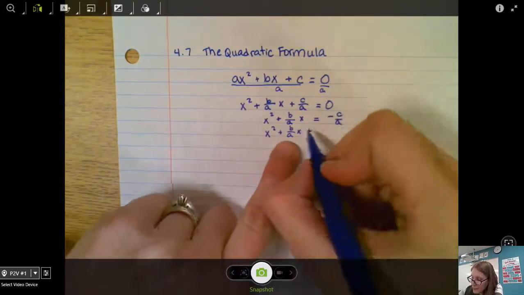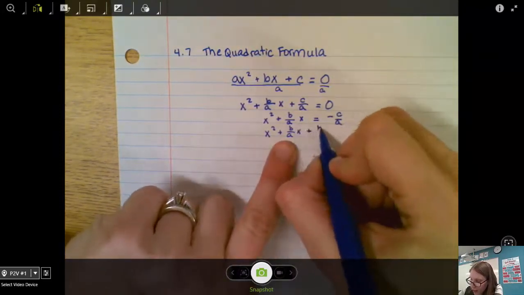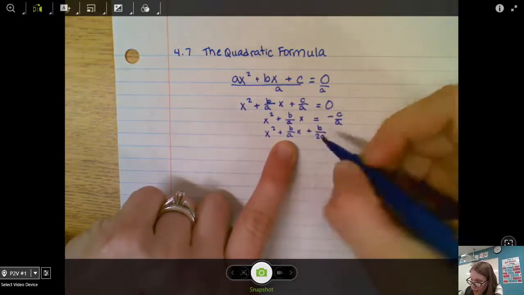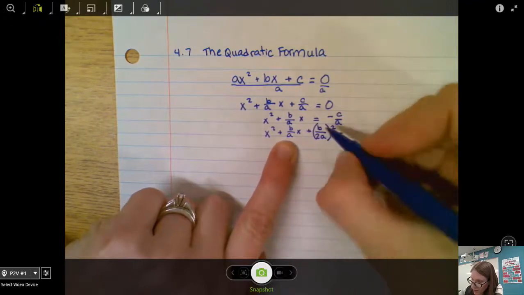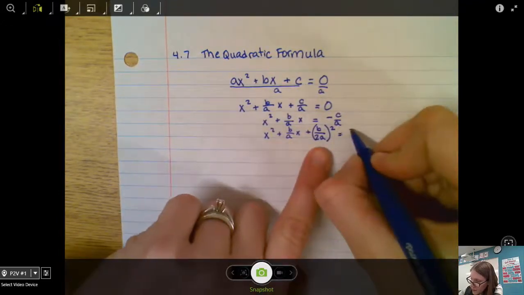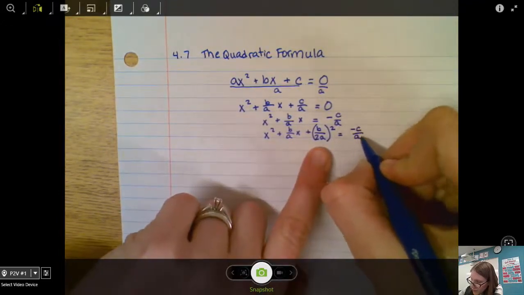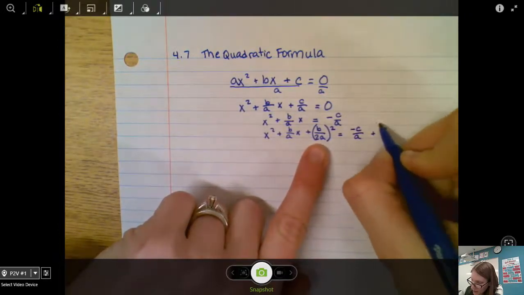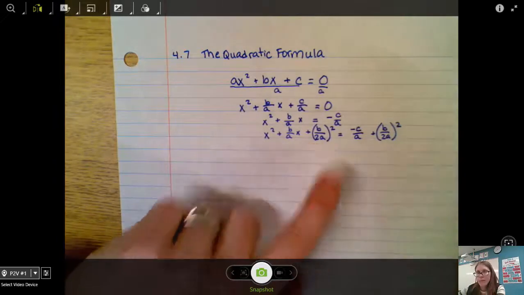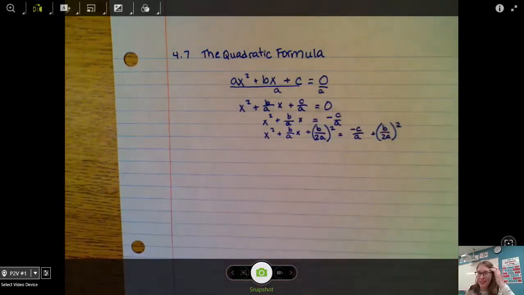So half of this number, half of b over a, would be b over 2a squared. And again, I would add that to both sides. And again, there's a lot of fractions going on here. It's kind of intimidating, but it's really pretty neat how this actually works out.